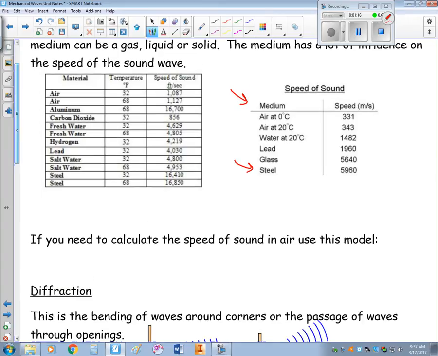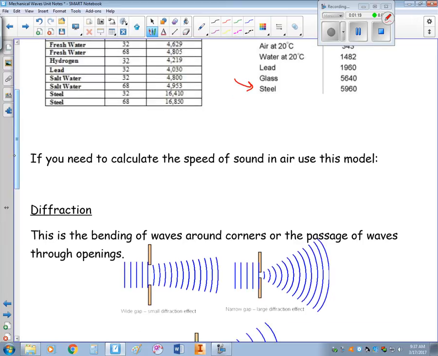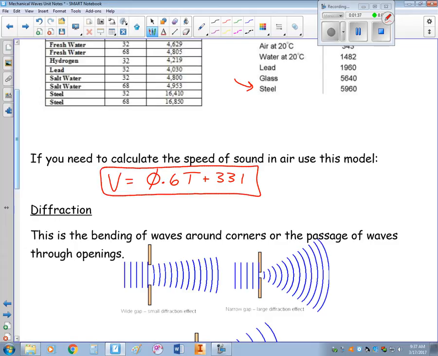So let's say you need to calculate, or get an idea for, how fast the speed of sound is in air. This is a model you can use. The speed of sound in air is V = 0.6 times T plus 331, where T is the temperature in degrees Celsius.